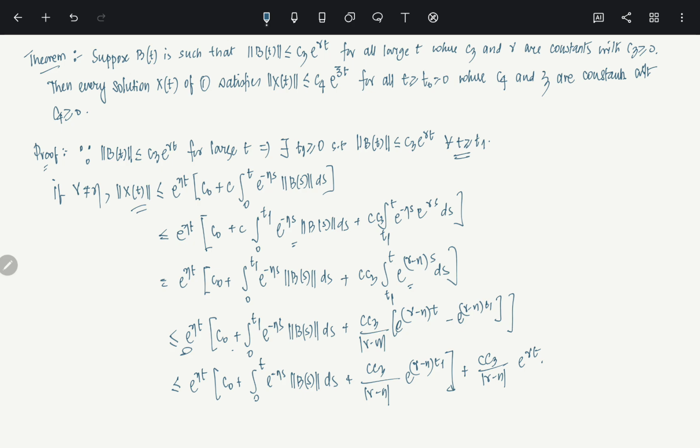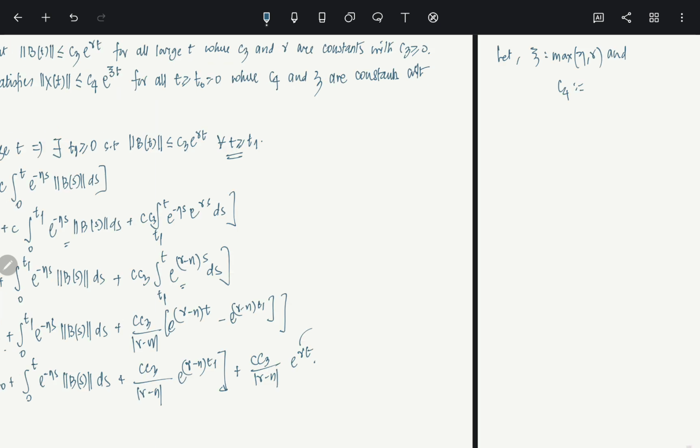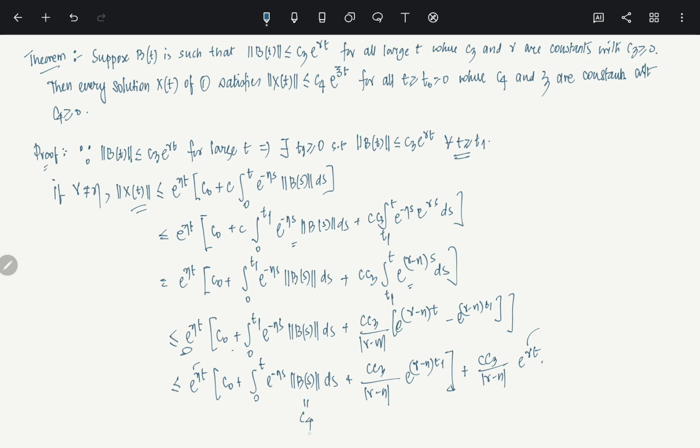So now you see, we are more or less done actually. If you take the maximum of eta and gamma, so let xi be the maximum of eta and gamma, and we define C4 to be this particular term, the whole term in the bracket.